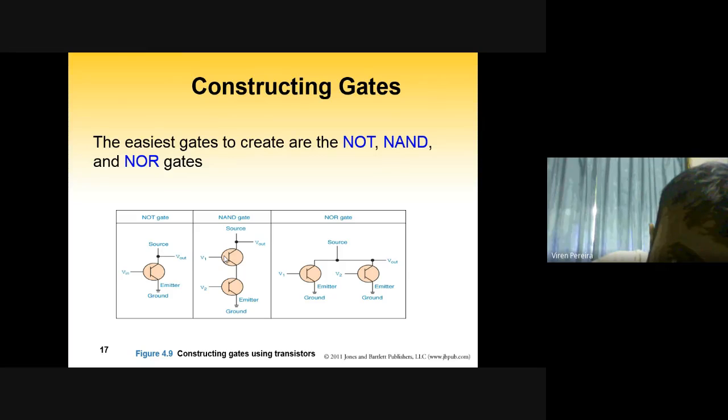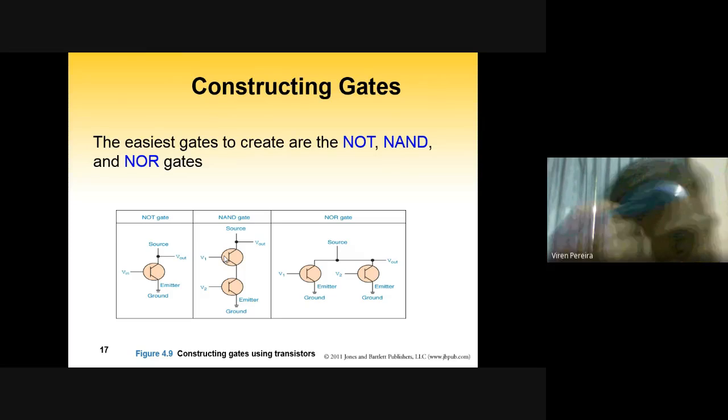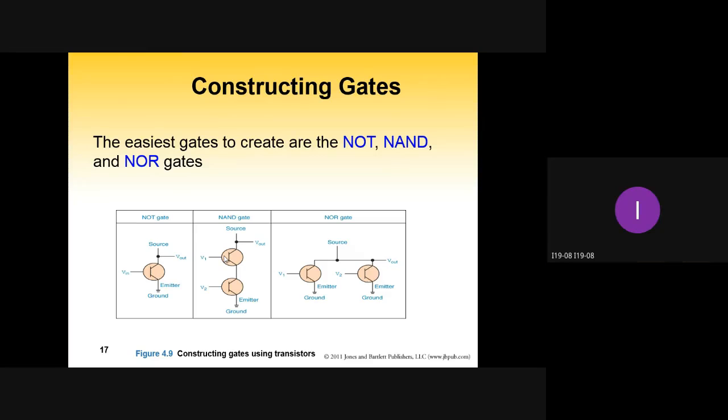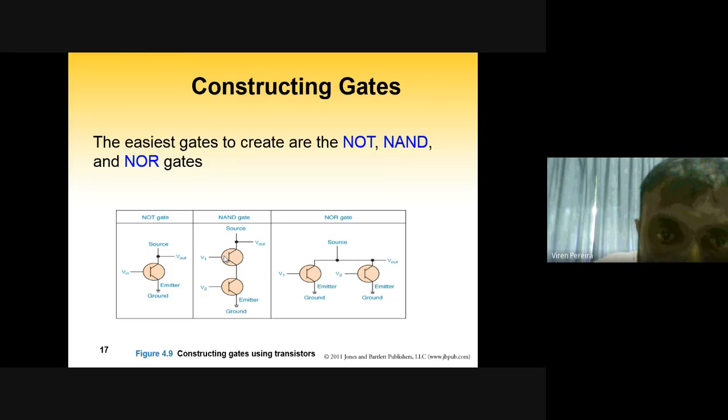So the 5 volts on top will not reach the ground, because V1 has not opened. So what will be the output? The output will still be 1. You all got it? For a NAND gate, 0 into 1 gives us 0, but it is an inverse, so it has to give us 1. All right, you all understood the NAND gate?